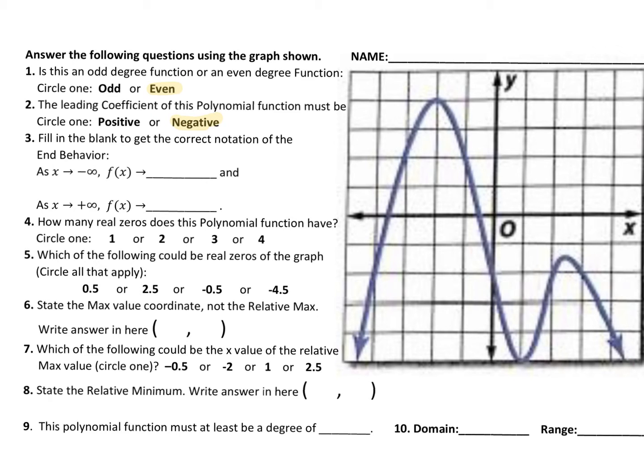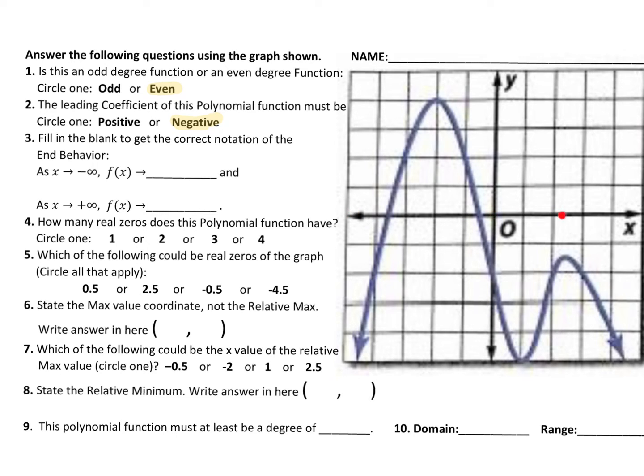Okay. The next part is asking us to fill in the blank, and we need to understand what this means as x approaches negative infinity. If you're totally lost or confused, x are your x values, your x number line. Your x axis goes left and right. So it says as x goes to negative infinity, that's saying as you go to the left.